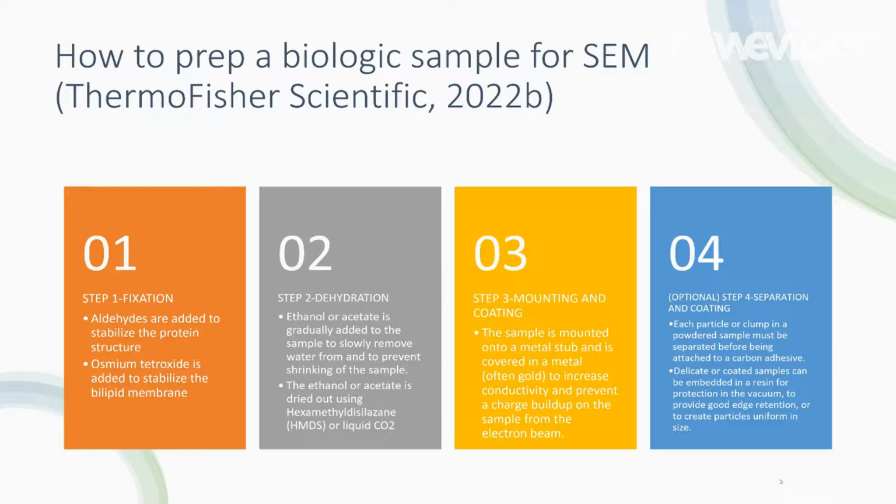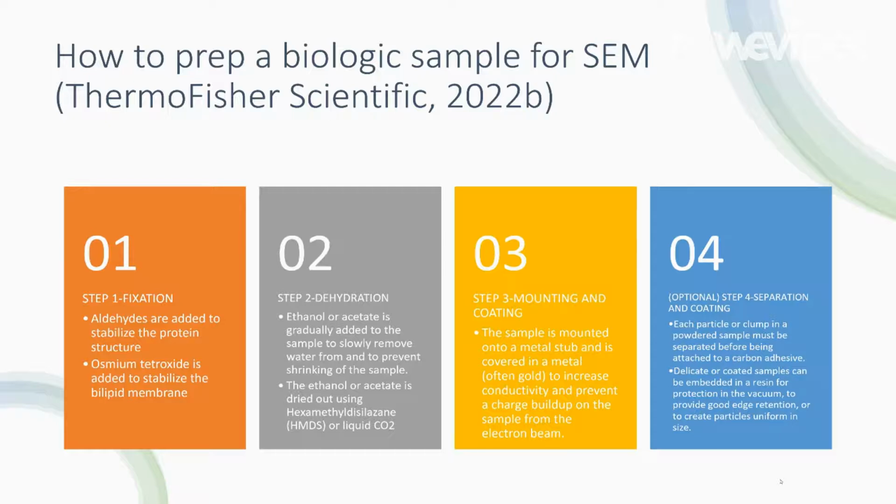The third step of sample prep is to mount the sample onto some sort of conductive material and then cover it in a metal, usually gold, which is conductive, to decrease the problems that would occur if a charge buildup occurred on that sample.